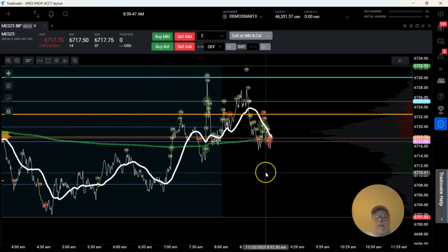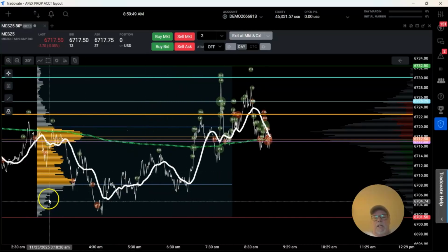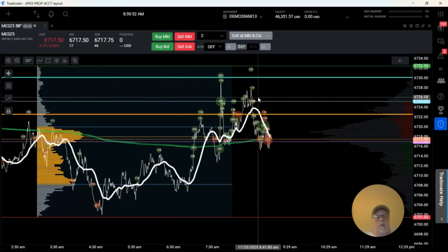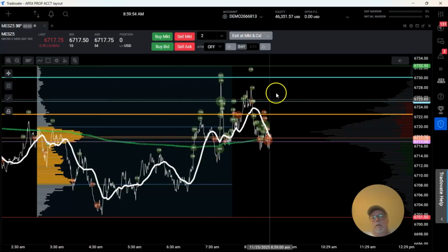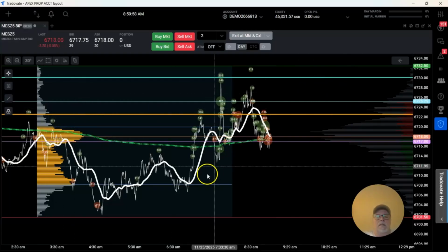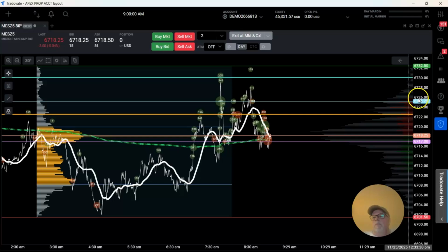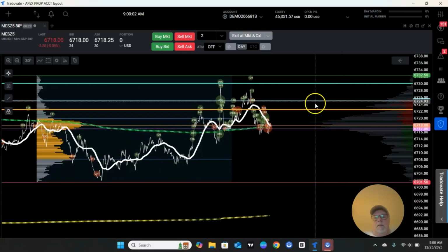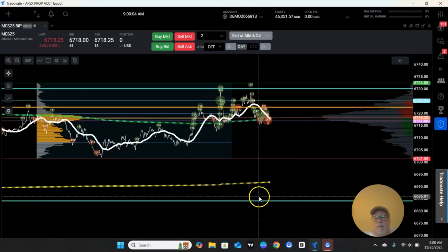Our bias right now, I would say, is pretty much a fading kind of day. We're in a consolidation according to previous day. Its high was here, low was here.